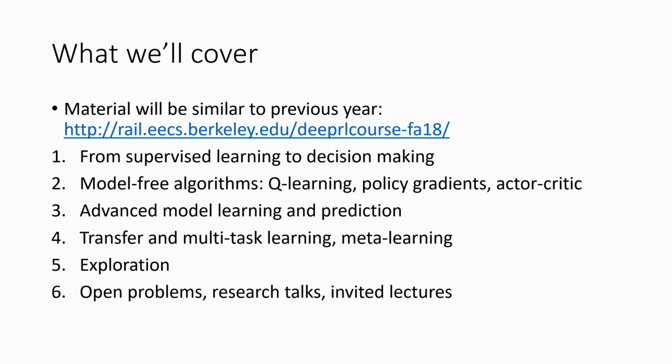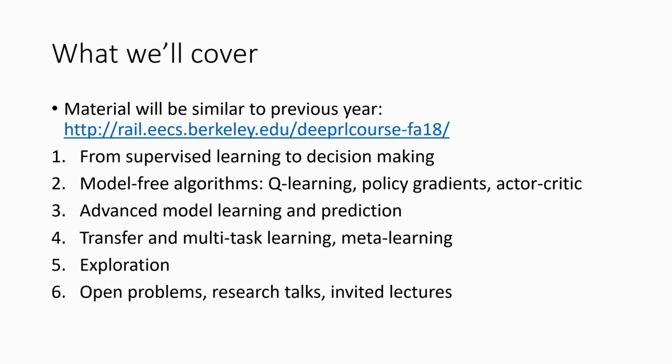Broadly speaking, we're going to start off with a discussion of how we can go from supervised learning methods to decision making, starting out with imitation learning, a little bit of theory about imitation learning, a little bit of practical algorithms, and then move into the fundamental model-free reinforcement learning methods: policy gradient methods, Q-learning, actor-critic algorithms. Then we're going to talk about model-based reinforcement learning, some advanced topics for model-based learning and prediction.